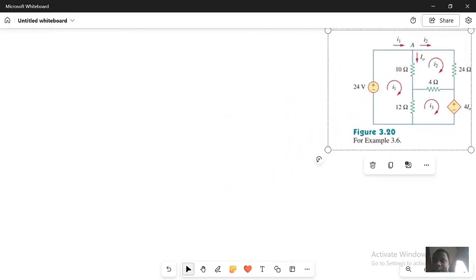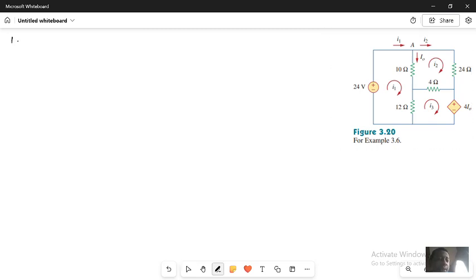Let's say, for example, in this example, I want to determine I1, I2, and I3, because I have three meshes. I will have three currents. So in mesh 1, or loop 1, I have this I1 current.